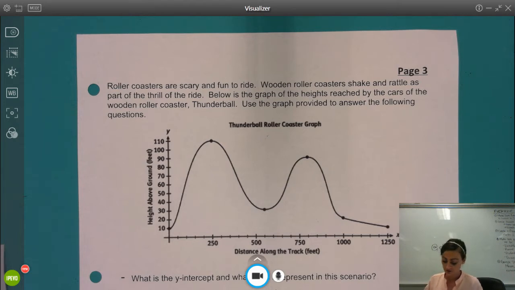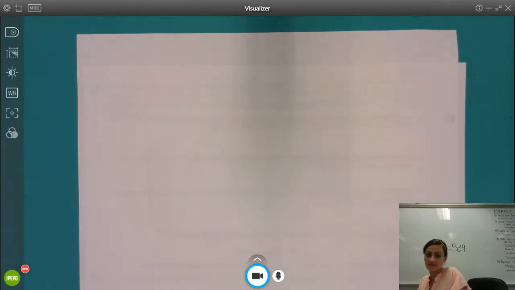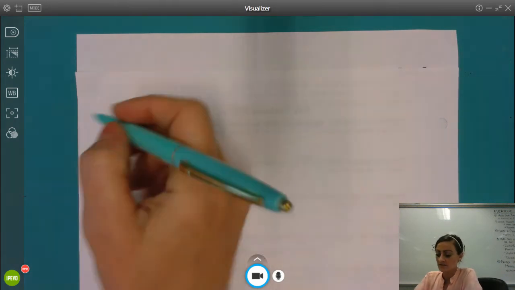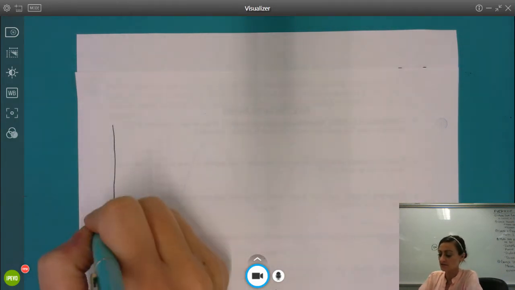What I do want to show you before we get started with the graph itself is the difference between a continuous graph, a discontinuous graph, and a discrete graph. So if a graph is continuous, it will always be connected.